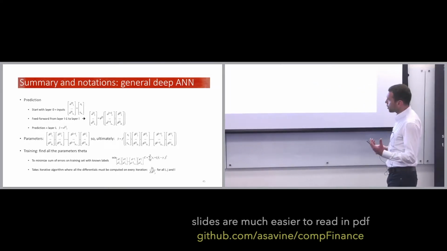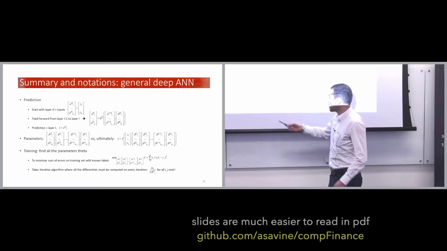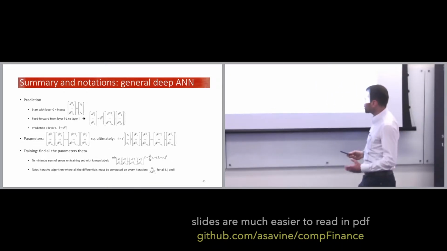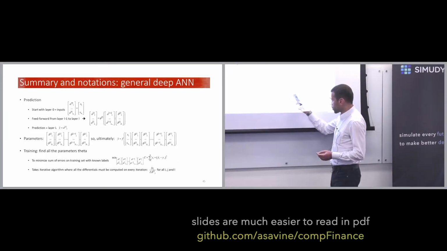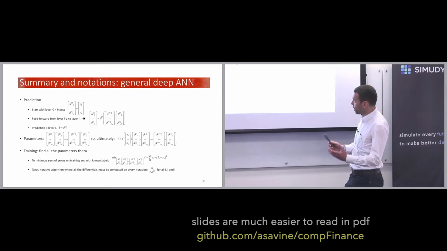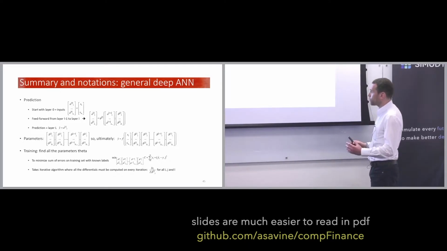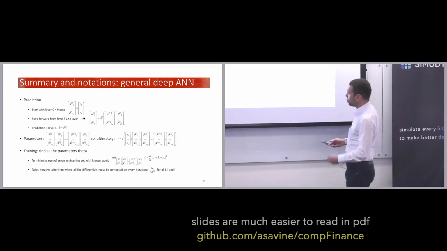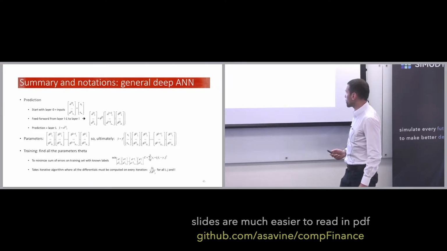And training consists in finding all these parameters theta to minimize the sum of errors on the training set for which we know the labels. So to minimize typically the sum of squared prediction errors on our training set. And again, it takes an iterative algorithm where all the differentials of the cost to every one of these parameters must be computed on every iteration.